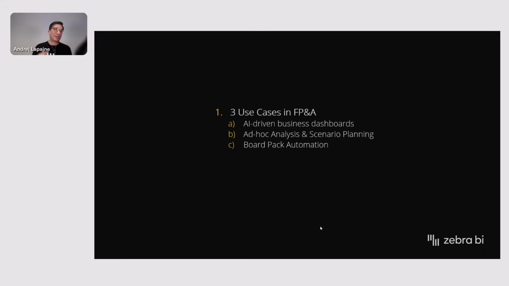And then the last part will be just automating some basic tasks that take a lot of time today, where AI can absolutely help you be much more productive, like creating slides for board meetings.